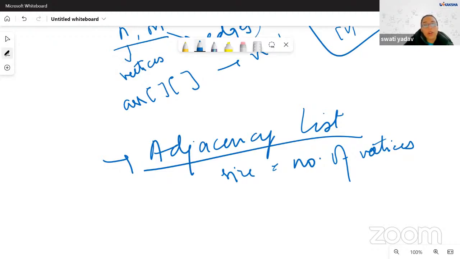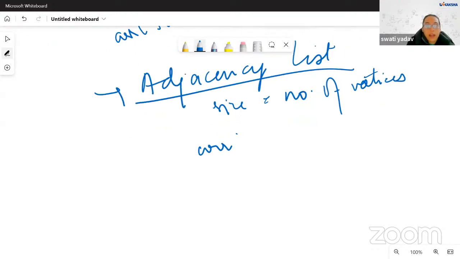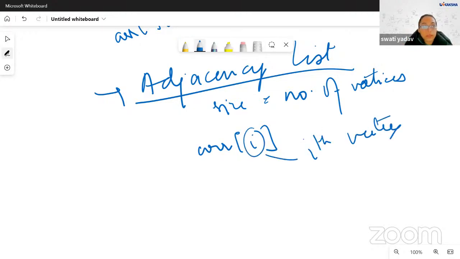So an entry of, you could say, ARR of I, represents the list of the vertices which are adjacent to this particular ith vertex. So this representation can also be used to represent a weighted graph again. So both of the methods, either your adjacency matrix or adjacency list, can represent the weighted graph. The weight of the edges can be represented as a list of pairs.